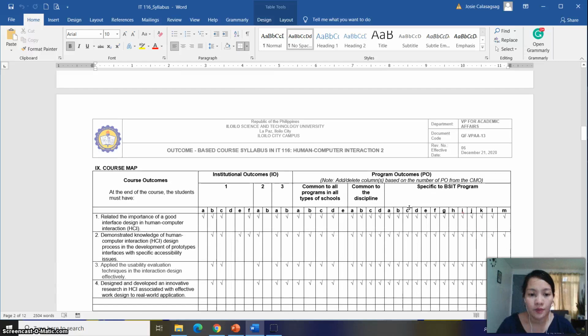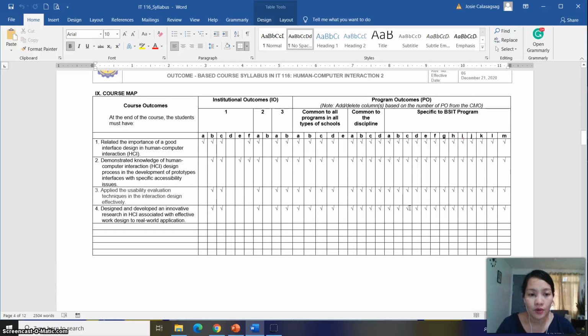So here, the course map, of course. At the end of the course, you as a student are going to learn the following. Of course, you have to relate the importance of a good interface design in human-computer interaction. You also have to demonstrate knowledge of the HCI design process in the development of prototype interfaces with specific accessibility issues.